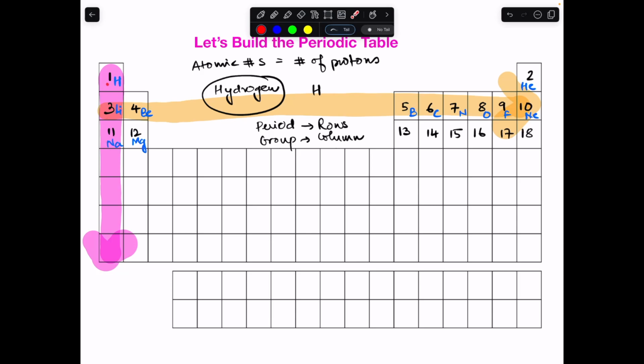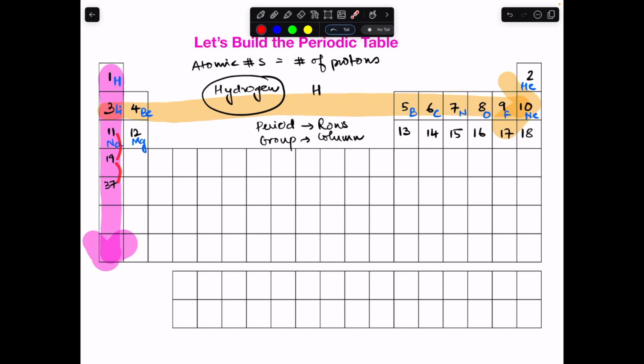They actually increase by 8. It changes a little bit as you go down, but pretty much it's 8 for the first 3. Then the next one, I'll fill this up so we can take a look at it together. That's 19, and then this one is 37. Notice carefully, the jump from 11 to 19 is 8, but the jump from 19 to 37 is 18.